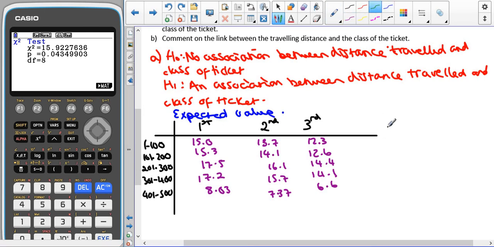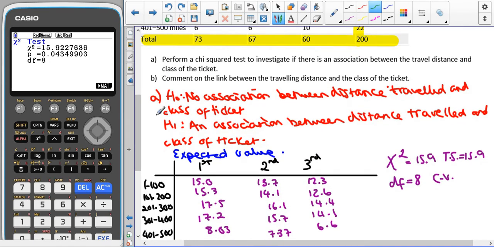So then our chi-squared value is 15.9. That is our test statistic. Our degrees of freedom is 8. And again, it doesn't give us a significance level, so we're going to use 5%. So down the side, 5%, so that's down from 0.95 across from 8, which again, it gives us 15.507.